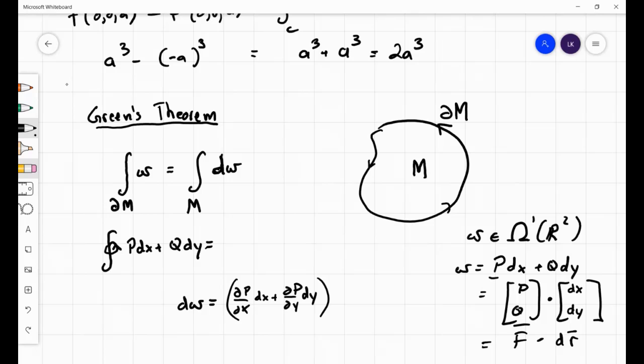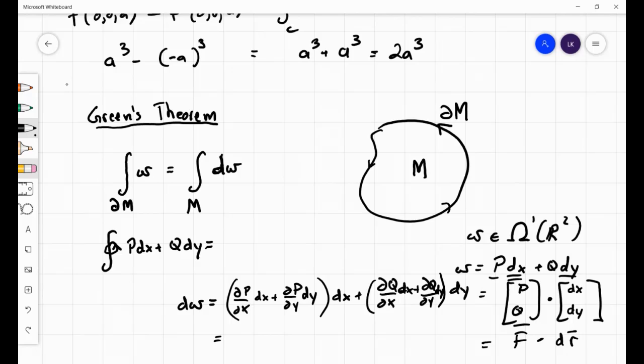So you differentiate the first component, you take the total differential, and then wedge with dx. Plus, the same thing for q. You differentiate q, find its total differential, and then wedged with dy.